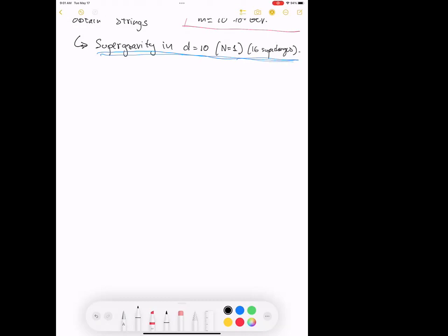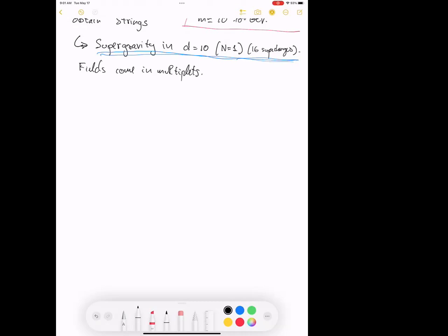Okay. So I told you that fields come in multiplets in supergravity. And it turns out with this much supersymmetry, life is very simple.